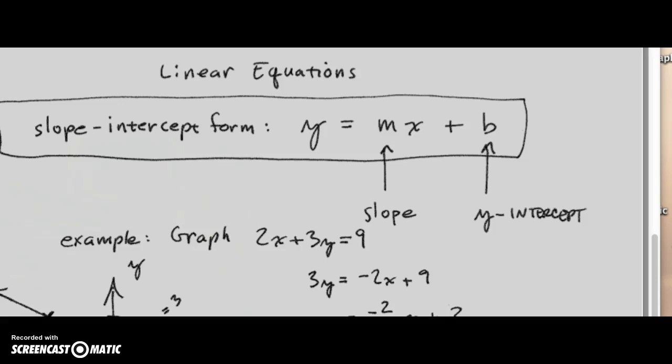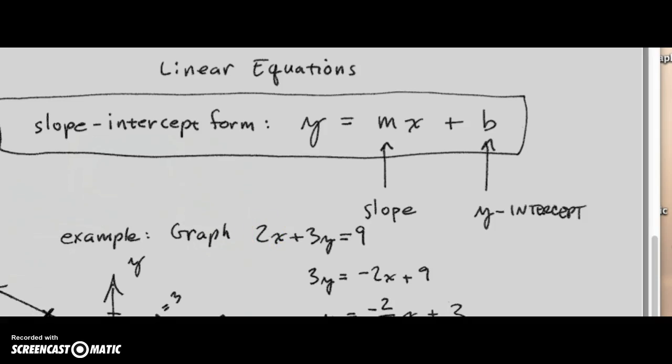So an example of how you might use this, if we wanted to graph the equation 2x plus 3y equals 9. If you recognize no exponents besides 1 on x and y, and just multiples of x, multiples of y, and constant terms, this is characteristic of an equation that will graph as a line.